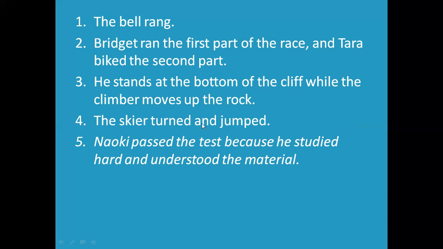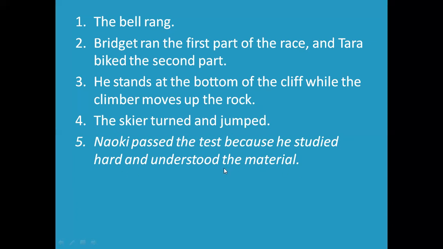The skier turned and jumped. The fourth sentence. Yes, you're right. That is a simple sentence. Even if here we can say the predicate is compound, that is a simple sentence. The fifth one: Naoki passed the test because he studied hard and understood the material.